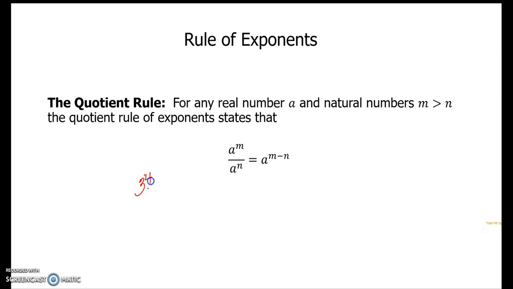So, 3 raised to 4 divided by 4 raised to 2 is equals to, okay, so ang magiging sagot dito ay, like that.